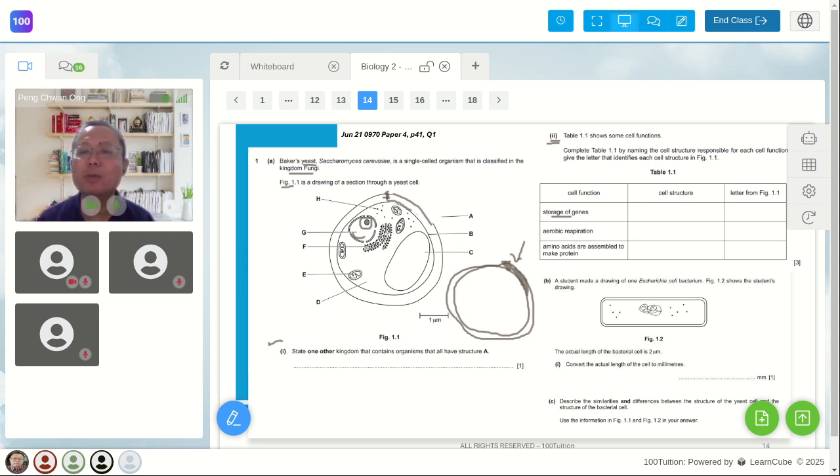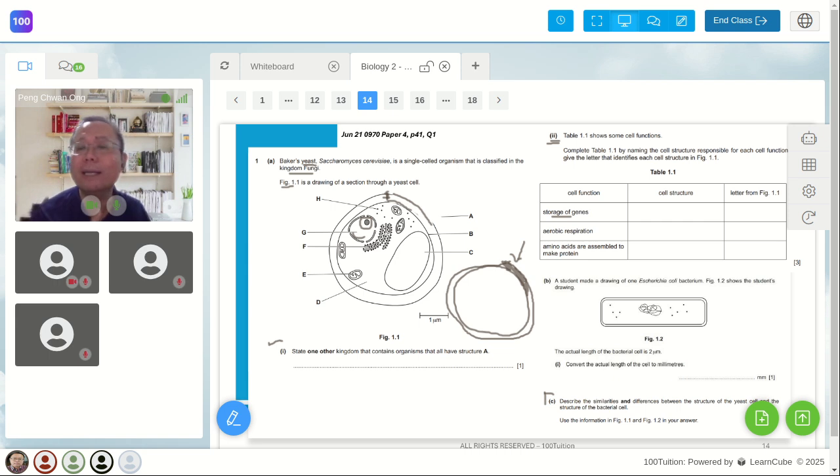Now we come to part C of this question. It asks you to describe similarities and differences between the structure of the yeast cell and the structure of the bacterial cell, using the information in figure 1.1 and figure 1.2 in your answer. I'll give you the answer, but I want to share how we answer such questions in the exam.